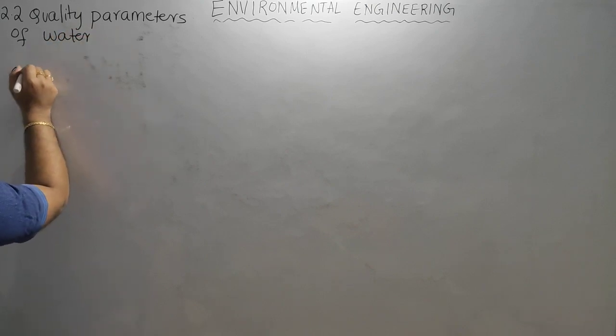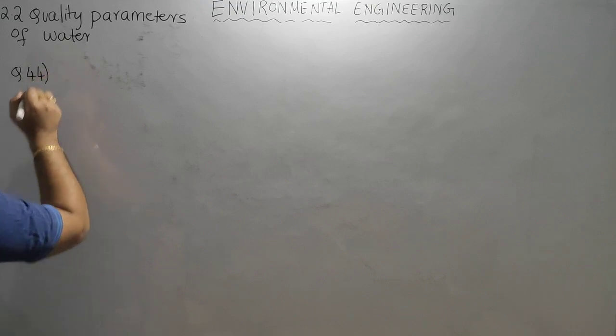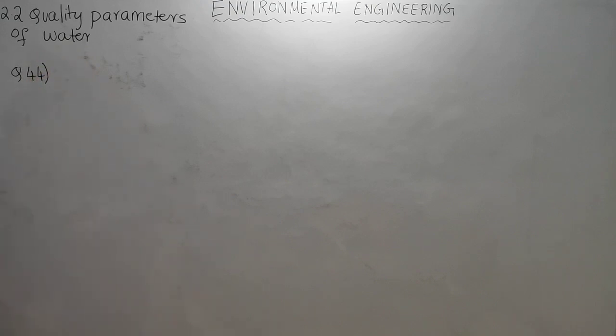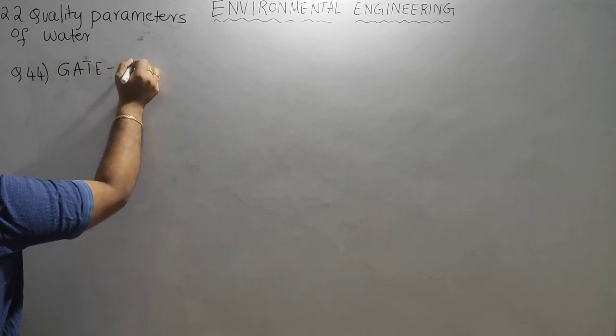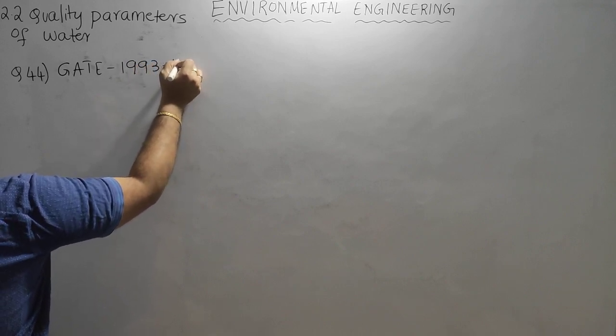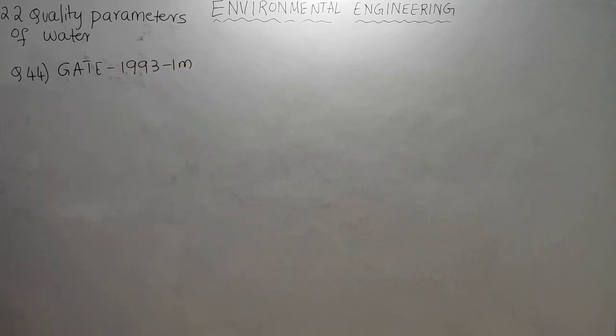So, question number 44. It is GATE 1993 1 mark question. Bacterial examination of drinking water for Escherichia coliforms, E. coli, is performed because option A is they are pathogenic, causing intestinal diseases, which is wrong.